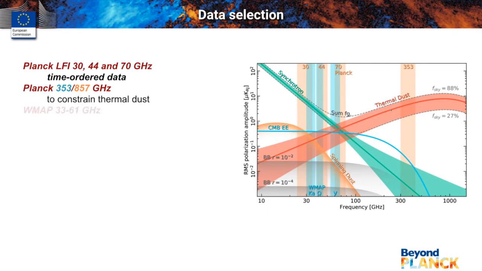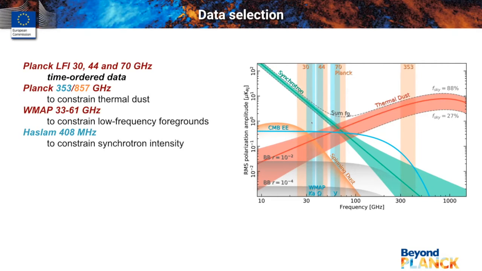So in addition to this, we also included WMAP K to V band for better low frequency constraint. And in intensity, we also included Haslam at 408 megahertz for synchrotron constraint in intensity.